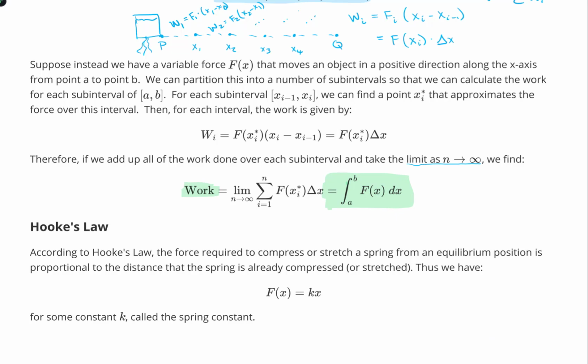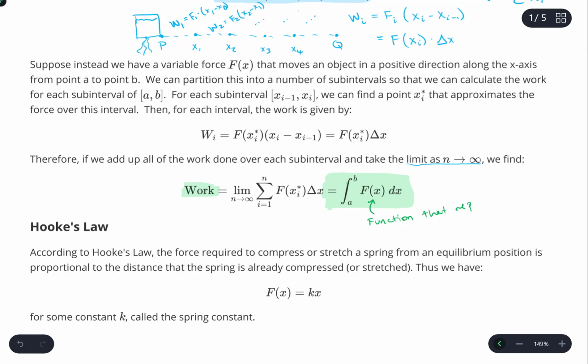So work done by a variable force is calculated by this integral. And all we need to do to use this is find some function that represents the force required at any point for whatever application we're doing.